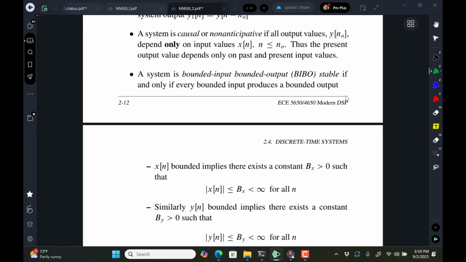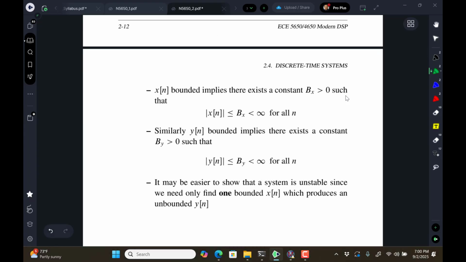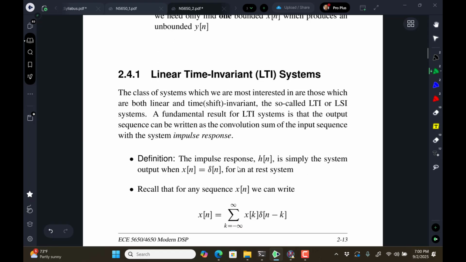We can go unstable. So the best way to test for it right now, without linearity and time invariance being given, is just testing with an input, say the input is less than Bx, which is less than infinity, and then we have to show that there's a By that will correspond to the output for it to be bounded input, bounded output stable.